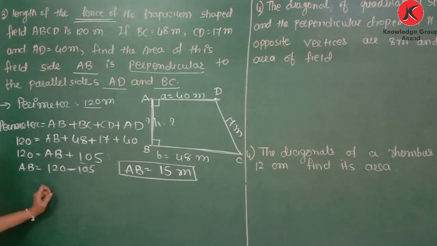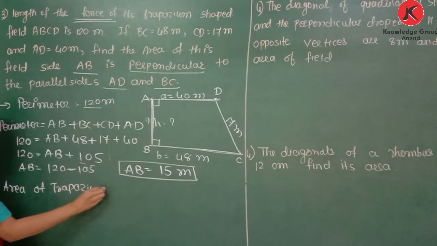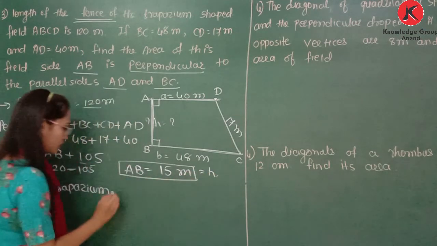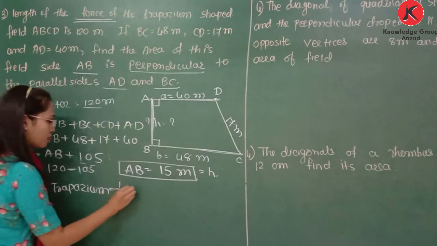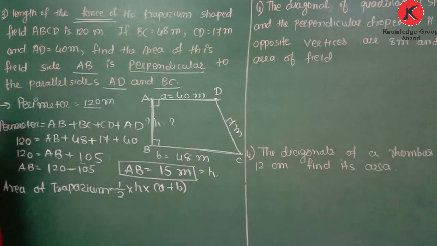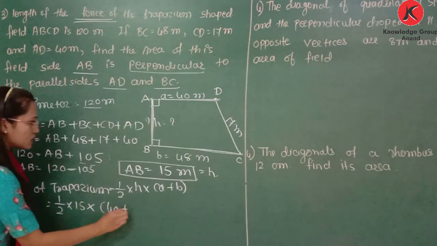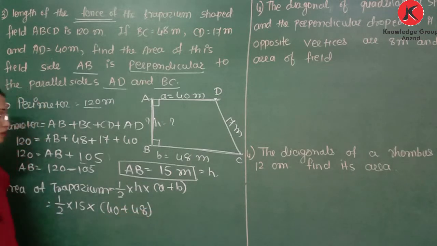Now we can use the equation to find the area. Area of trapezium is 1 by 2 multiply H multiply A plus B. So 1 by 2, height is 15. A is given 40 and B is given 48. Read the question and write the measurements properly.